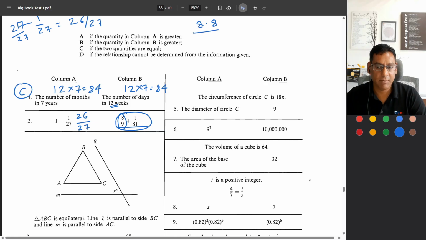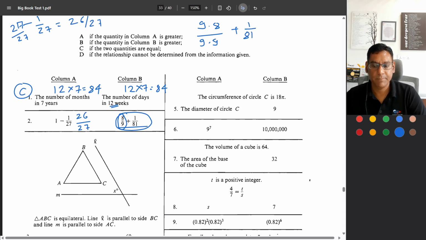Sorry, it's 9 into 8, we are multiplying by 9, right? So this is 9 into 8 divided by 9 into 9 plus 1 by 81. So that's basically 72 by 81 plus 1 by 81. So what we get is 73 by 81.